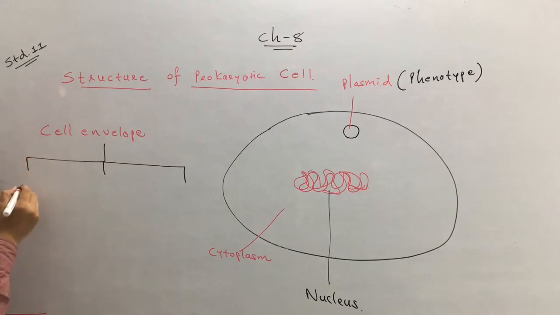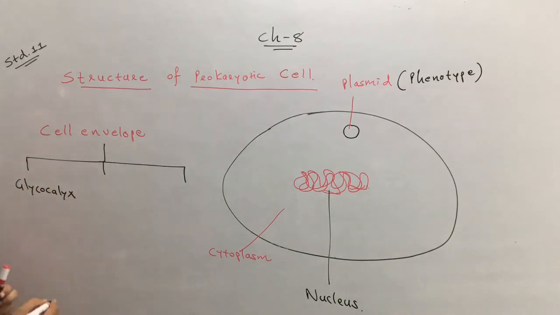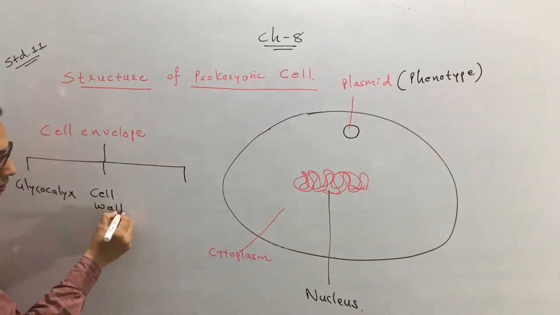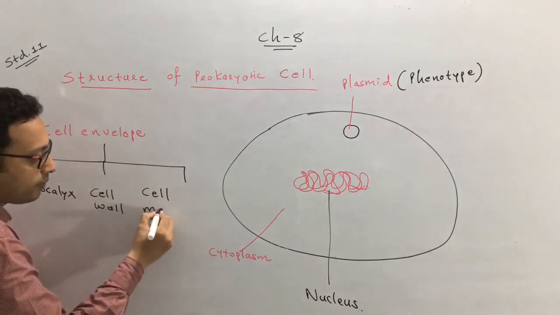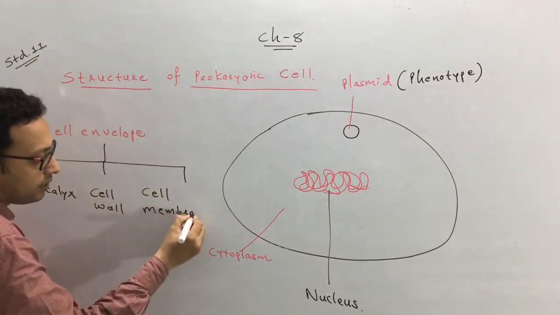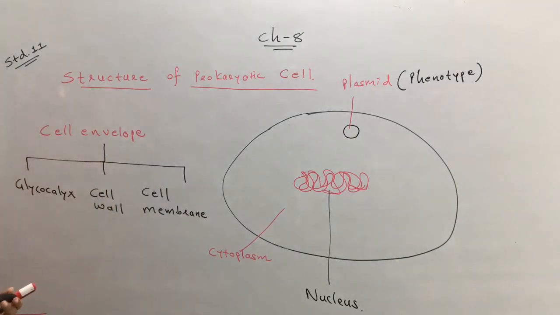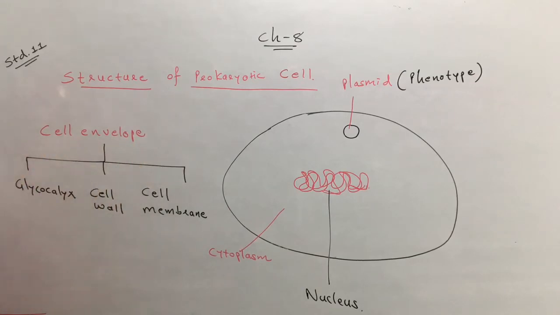The first one is called the glycocalyx. The second one is called the cell wall. And the third layer is called the cell membrane. These 3 layers together form the cell envelope.